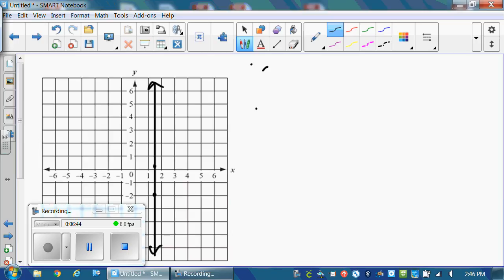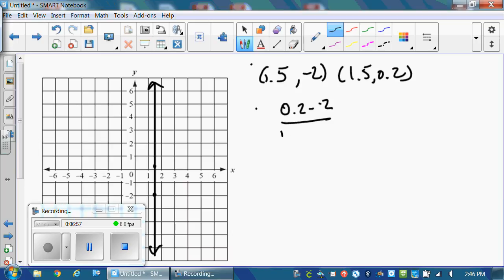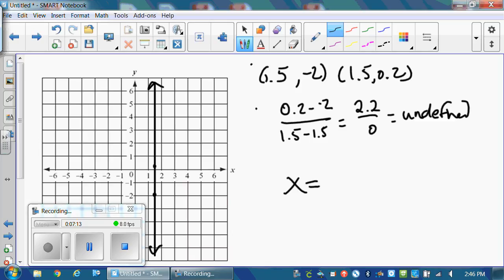The slope, you would do 0.2 minus negative 2 over 1.5 minus 1.5, which is 2.2 over 0, or undefined, because you can't divide by 0. It's a vertical line. Every vertical line has the equation x equals whatever number it's crossing through, and this one happens to be 1.5. So the equation of the line for problem number 80 is x equals 1.5.